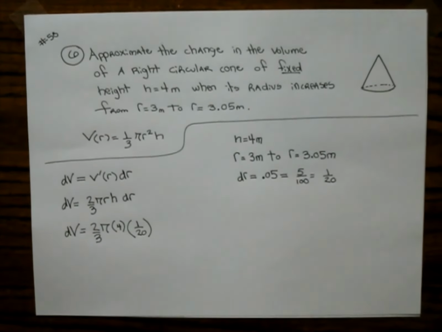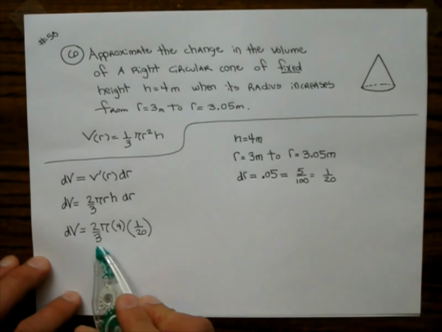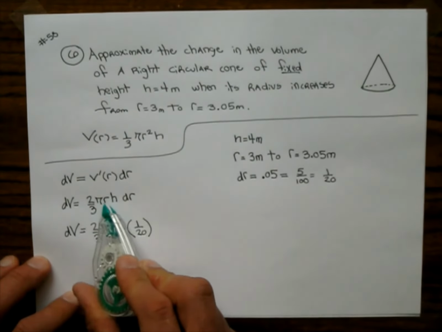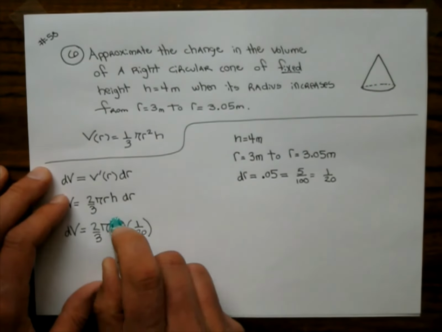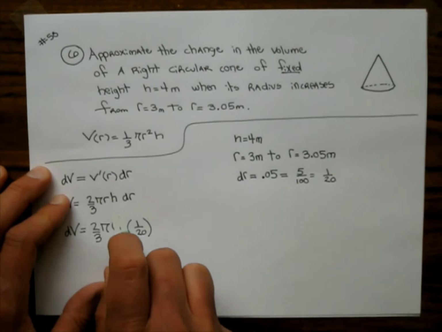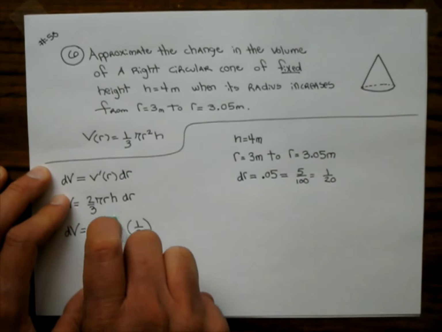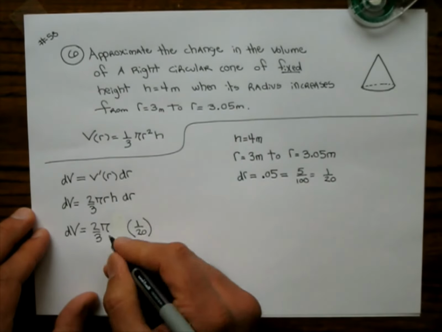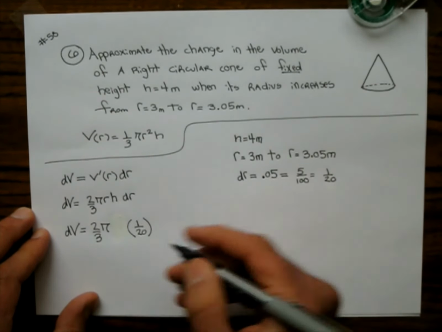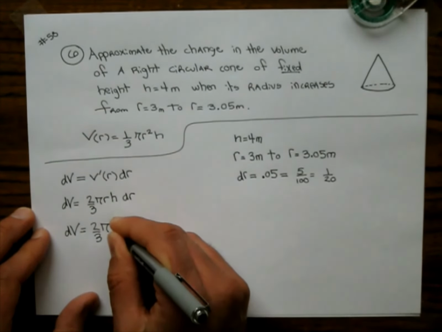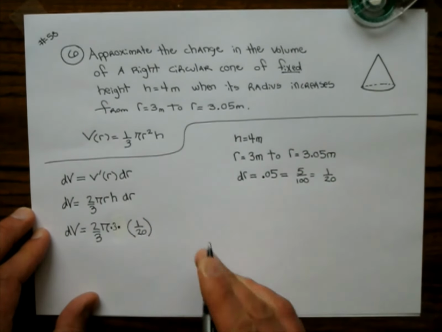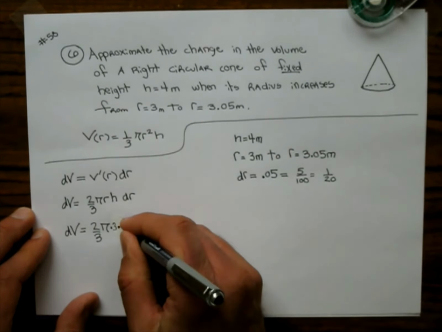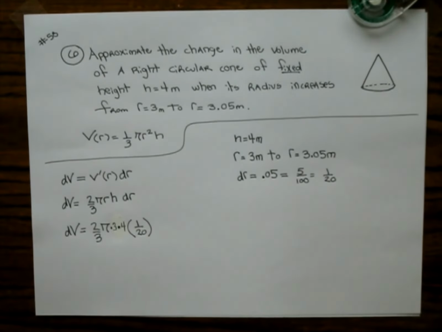So I wasn't being very careful. I have 2/3 pi. There was an r that I did not put in there. So let's go ahead and clean things up. So 2 pi r, that r is going to be 3. Nice. And then h is 4. Okay, good. Just notice that r.